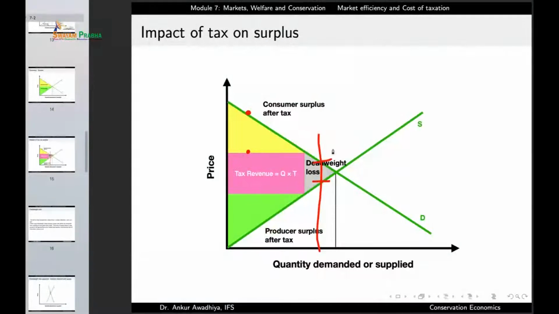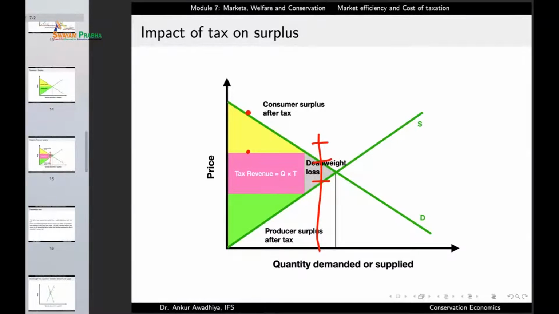But because of taxation, it is now no more lucrative for the seller to produce the good at this quantity, at this high cost, because when the seller has to pay the tax, the point with the tax would reach above the demand curve. So this transaction just does not occur in the market because of the tax. This is a transaction that was earlier possible, that was earlier benefiting both the buyer and the seller.